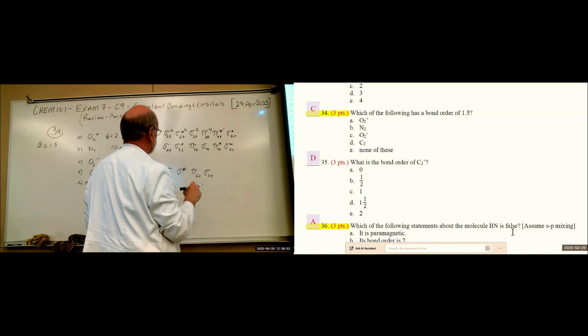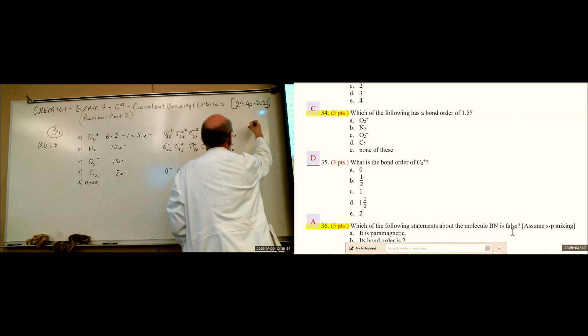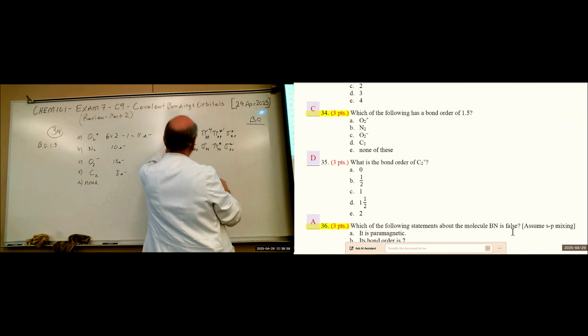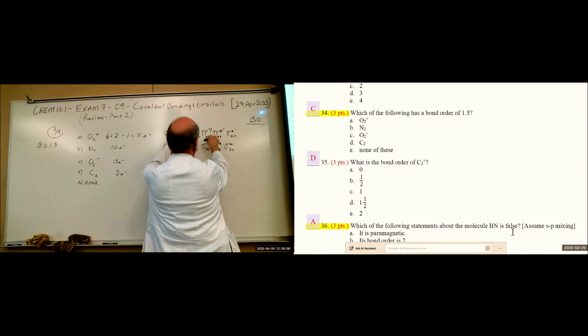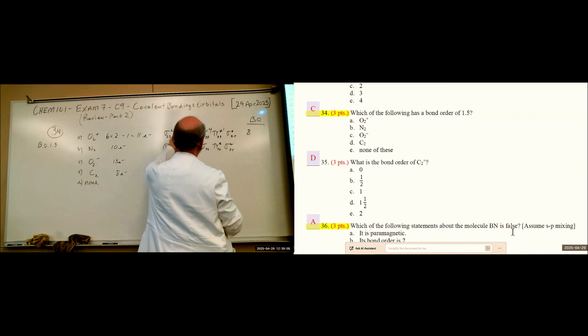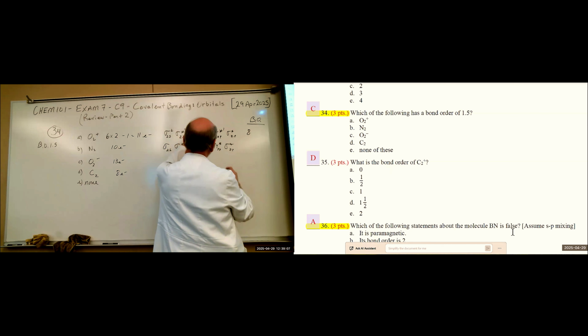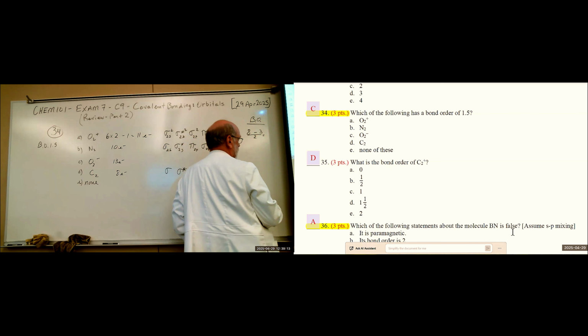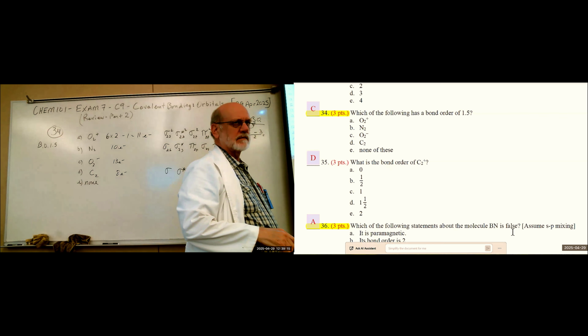Okay, what's the bond order of this one? It would be 2, 4, 8, right? 8, and then minus 3, divided by 2. And that's equal to 5 divided by 2, which is 2.5.